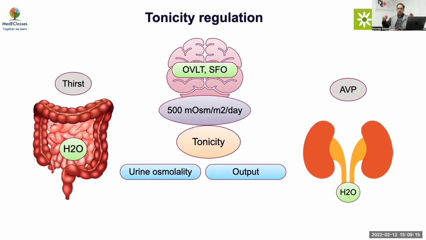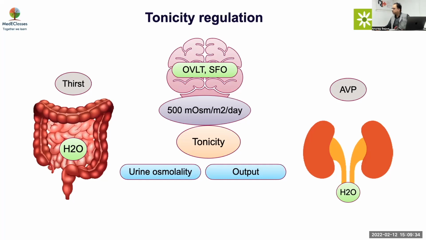So when we talk about the output, we need to understand that it depends upon 2 things: how many osmoles the body has to remove and how much you can concentrate. That makes it much easier. Roughly, typically you have 500 milliosmoles per meter square per day.